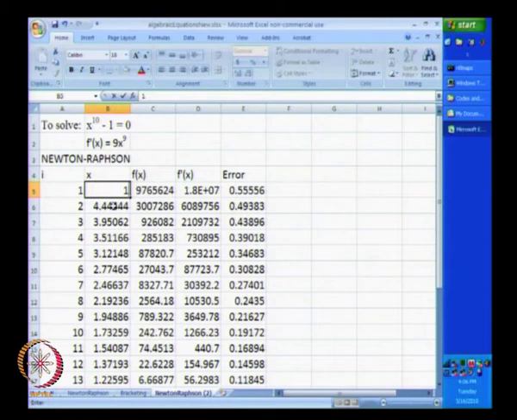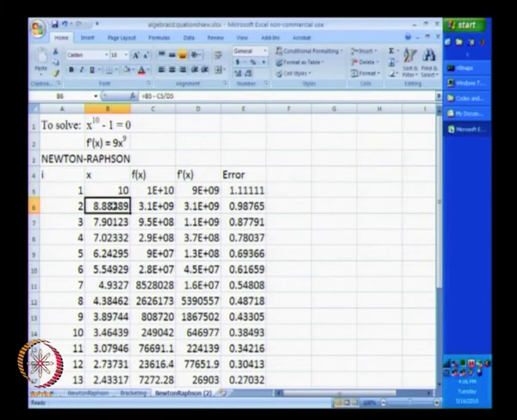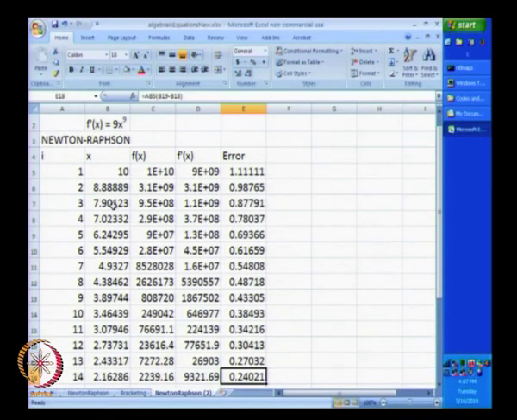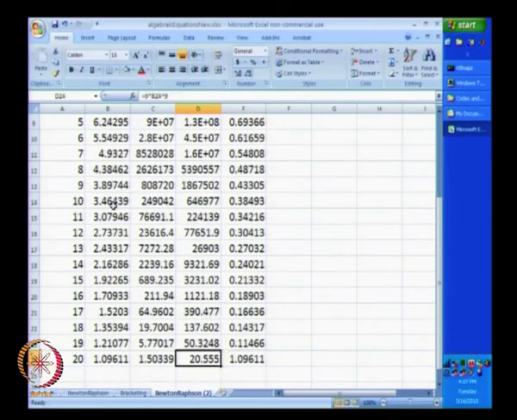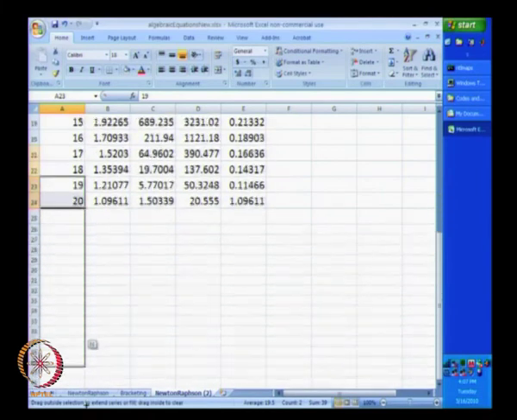We will again look at this particular example by going even further and taking the initial guess as equal to 10. Our initial error is 1.11. As the number of iterations increase, the error as you see is coming down very slowly compared to the previous cases. The number of iterations that are required are quite a lot.